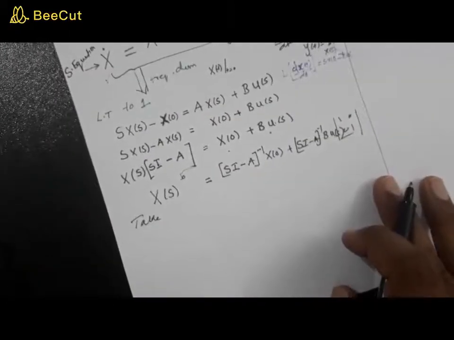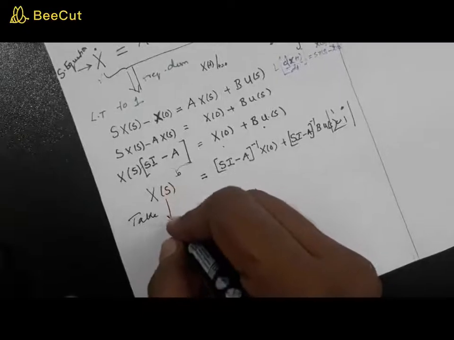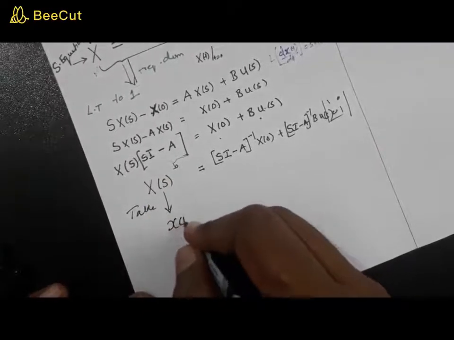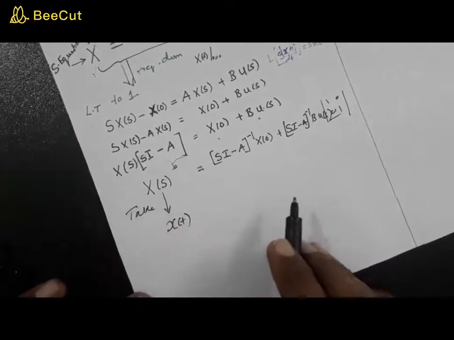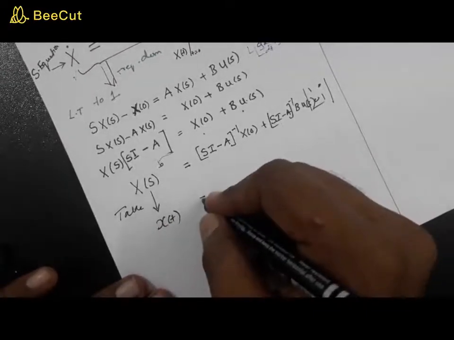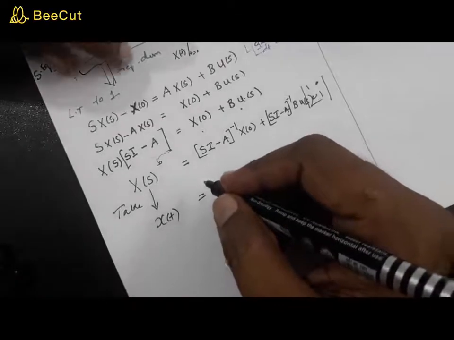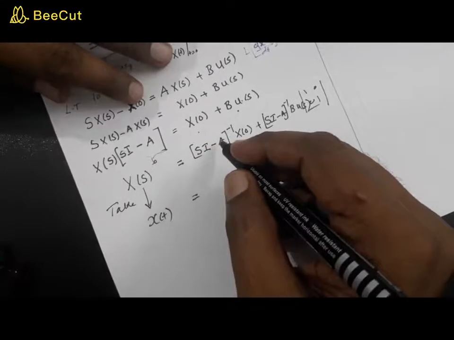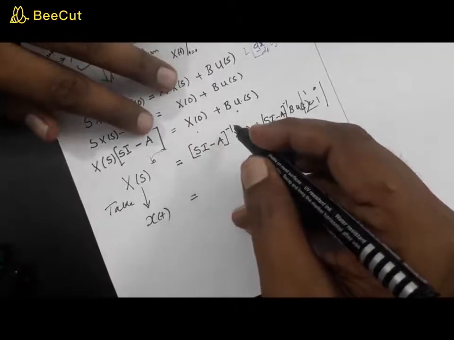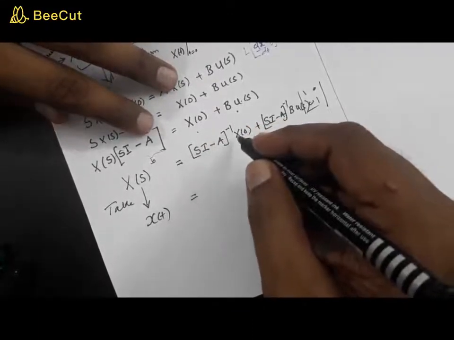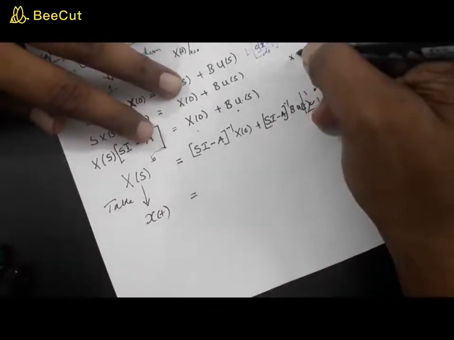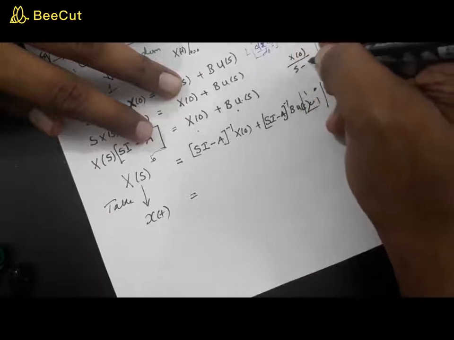Now from this you can take the Laplace inverse of this expression. Taking the Laplace inverse, x of s becomes x of t, right? That is your state equation. State x of t is equal to sI minus A inverse into x of 0, so that is equivalent to x of 0 by s minus a.